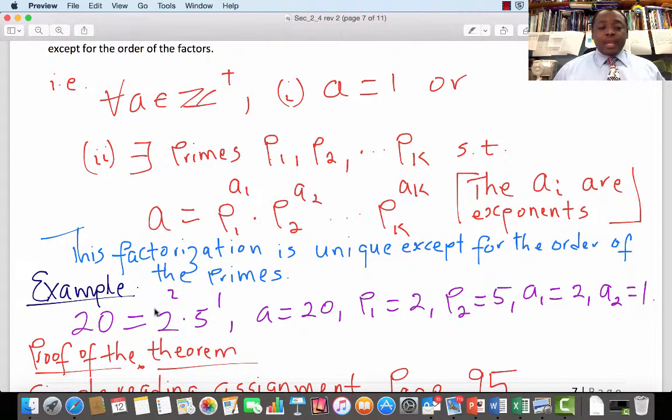So I can write 20 as 2 raised to the power 2 times 5 raised to the power 1. This expression of a positive integer is very important and will be useful to provide an alternative way of finding the GCD and the LCM of two positive integers.